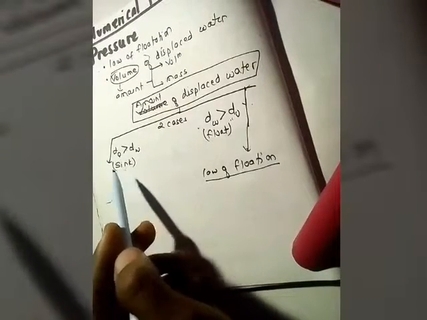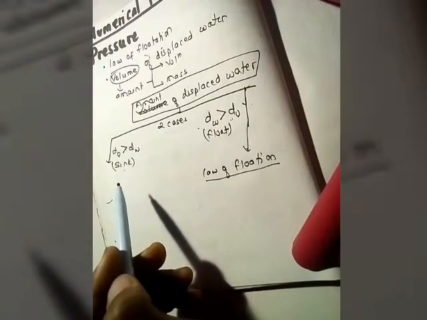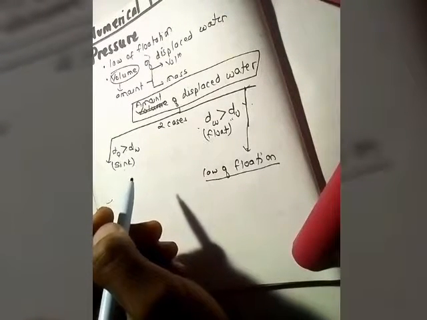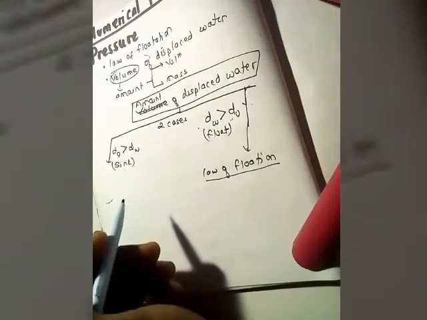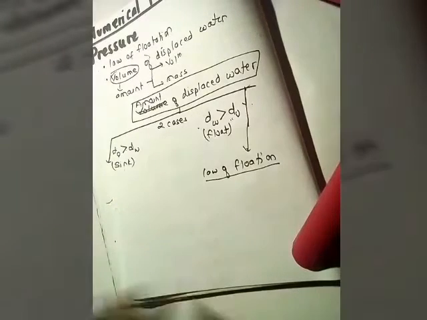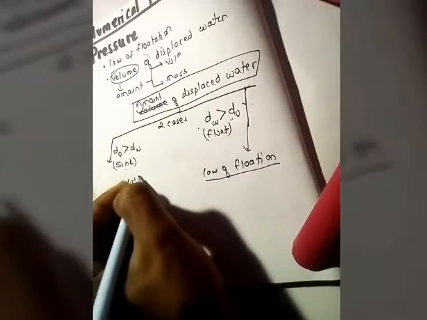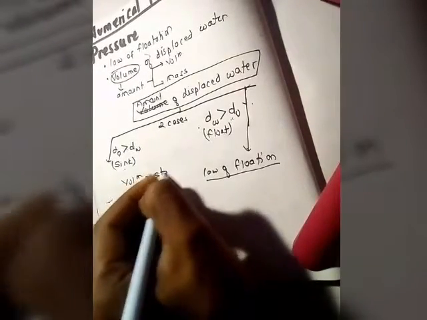In this case, how do we find the volume? We have already done this case. We know how to find the volume of a stone, that is, an irregular object.